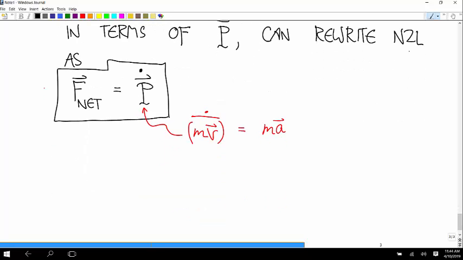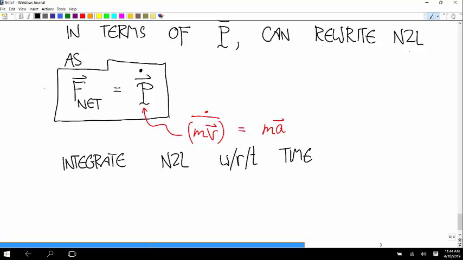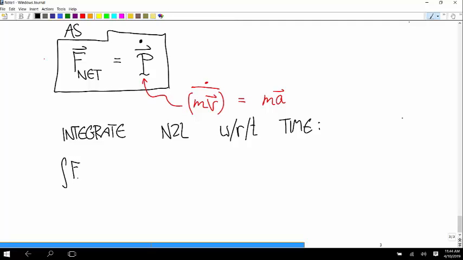But if you integrate both sides of Newton's second law with respect to time, you get the integral of F net over whatever time interval you're dealing with, we'll call that time 1 to time 2, is equal to the integral from time 1 to time 2 of dp dt with respect to time.